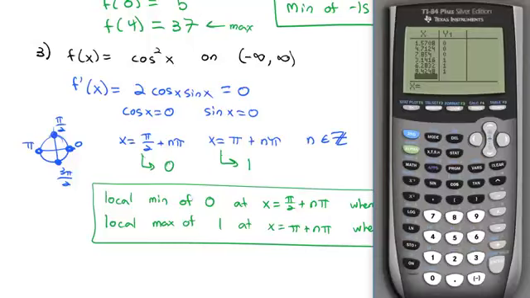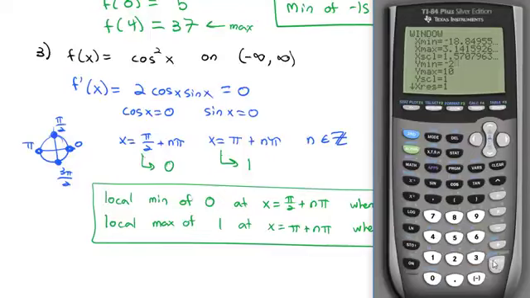Just to kind of see what's happening here, if I were to actually graph this, let's adjust our window. Let's go from negative 6 pi to pi. And I want to label every pi over 2.